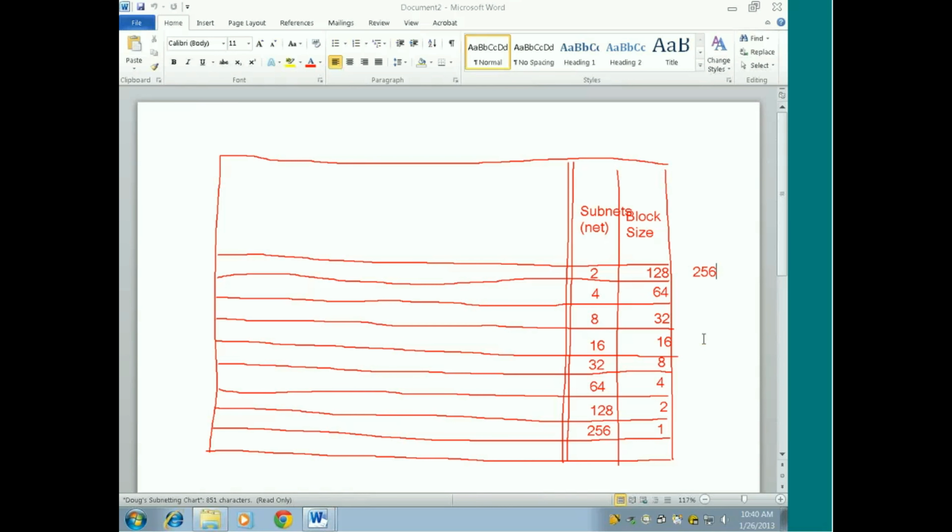Always. Why 256? It's an octet, right? All ones on equals what? 255. But what do I have to count? 0. So I'm including 0. With me?